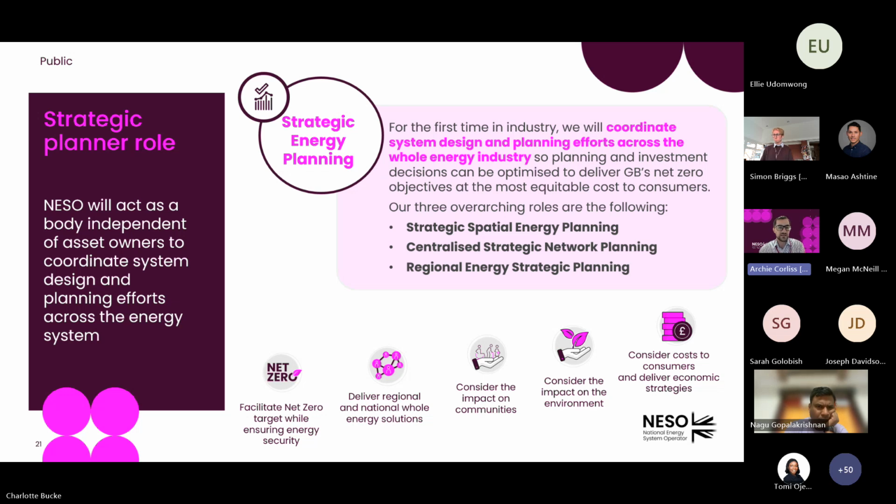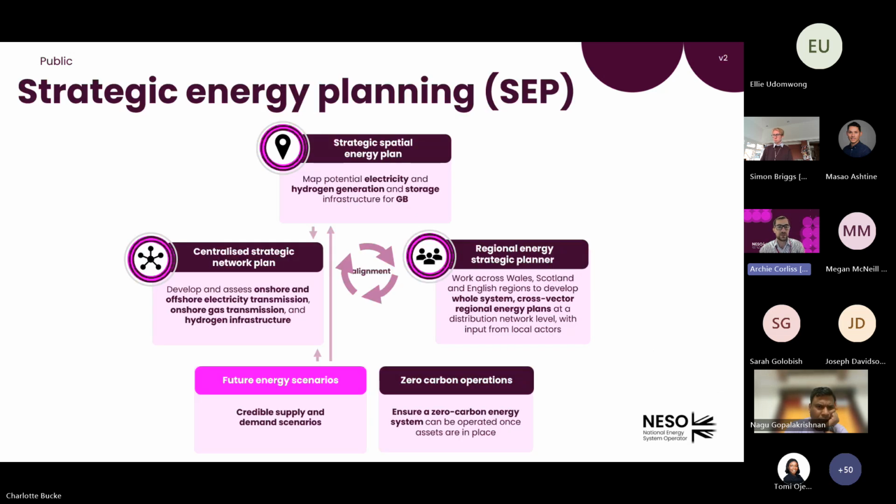On the next slide, you can see some of these interactions. The idea is that these separate plans do need to be aligned. I can go through the remit of each of them.